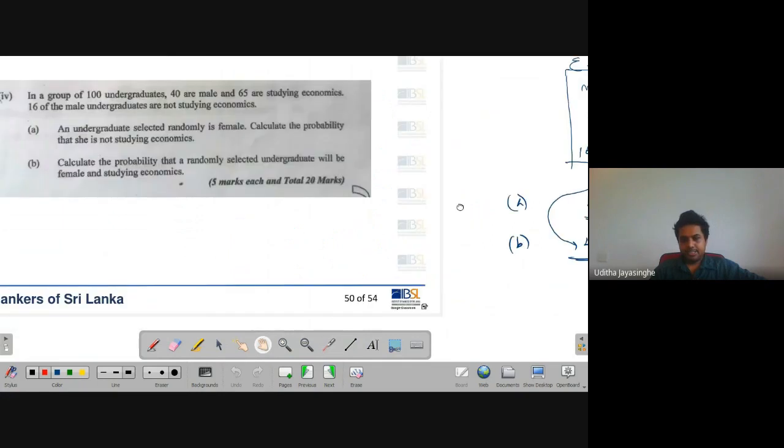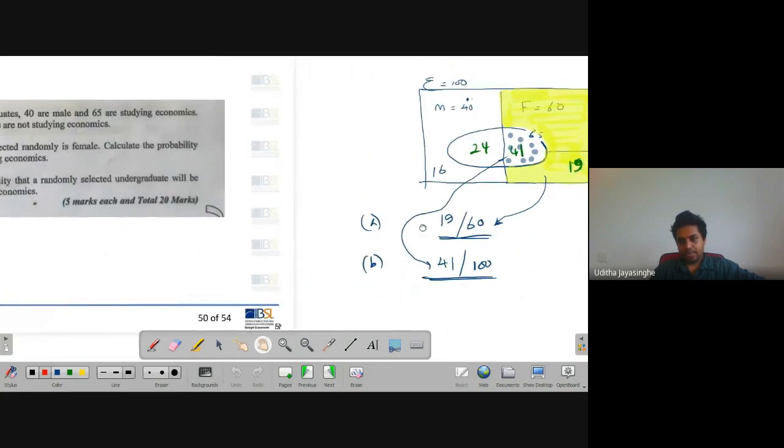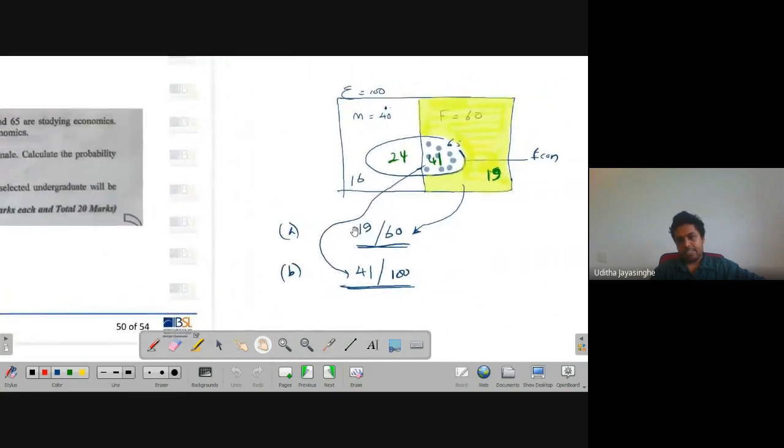Look at the second question. Calculate the probability that a randomly selected undergraduate will be female and studying economics. In that case, we are talking about the entire epsilon. Will be female, 60% chance, and studying economics, this smaller area.